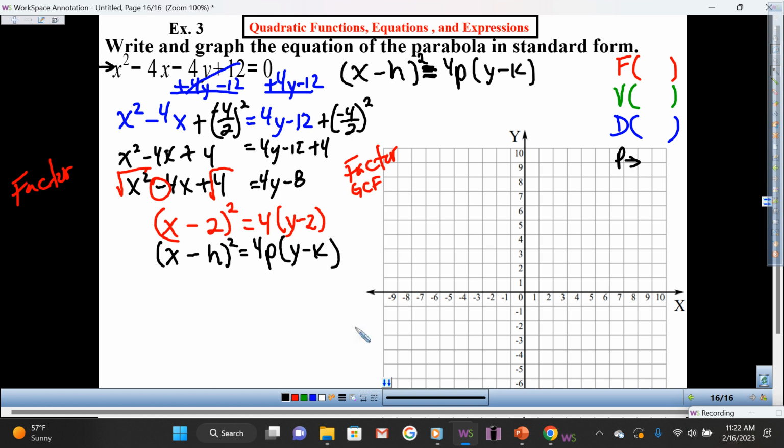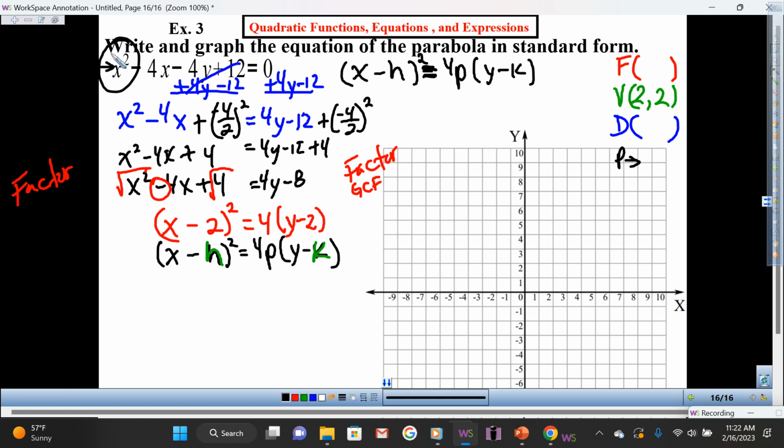So, look up. By looking at our equation that we came up with and looking at the standard form of that one, we know by looking at it what our vertex is. Is that correct? Tell your neighbor what the vertex is, please. Yeah, write it in there. 2, 2. Okay. Next, which variable had the square?